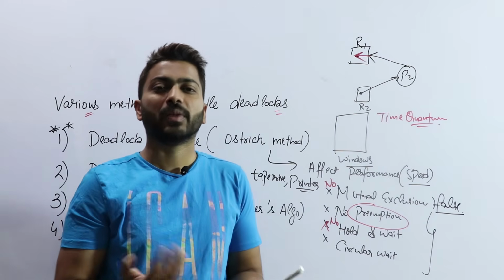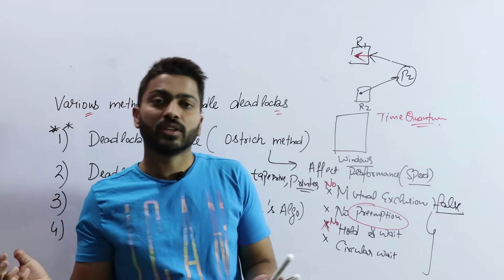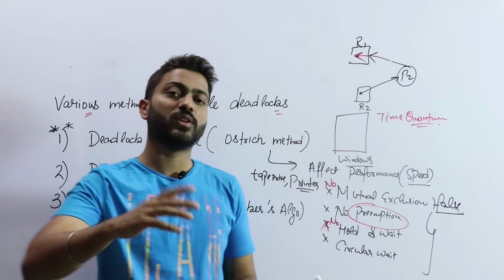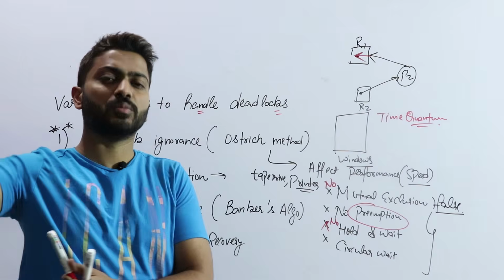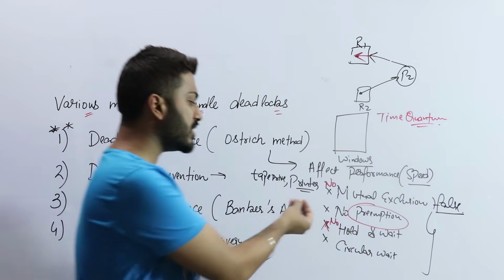Although it is practically very difficult, because if I give the resources to one process, other processes will be waiting for the resources. But still, this is a method, so we are just following this method.